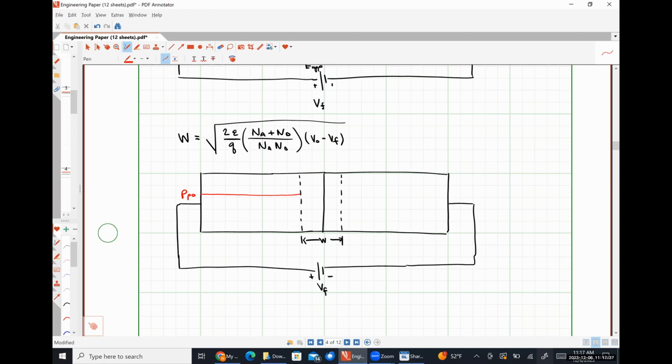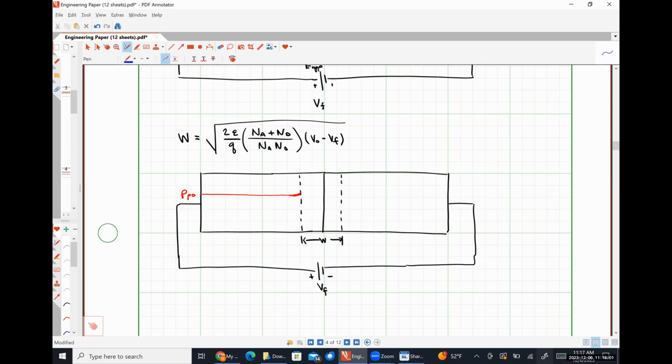So our hole concentration on the P side of the crystal is going to start at whatever its thermal equilibrium value is. And as we get closer to the junction, we're going to see a very slight uptick. Okay. We look at our electron concentration on the N side of the crystal, it's going to be something similar.